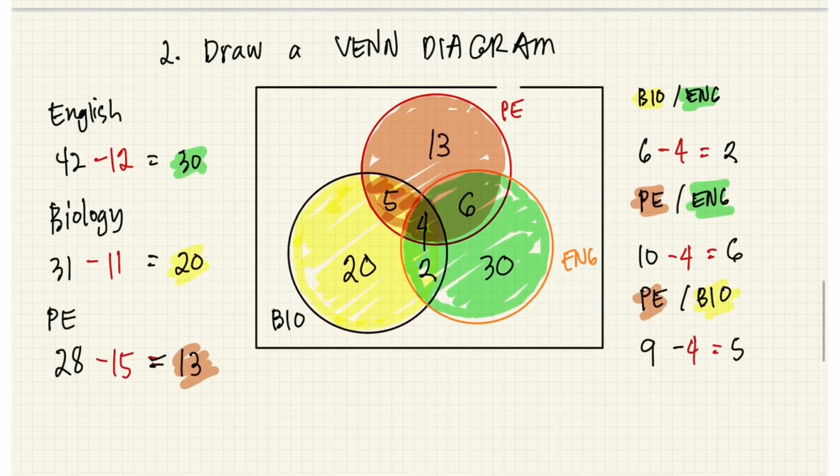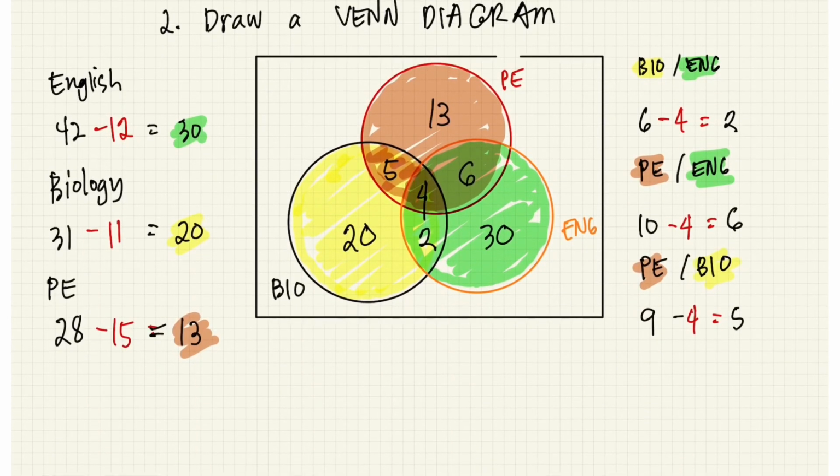There are 100 students studying, so the universal, or the total, is equal to 100 students.